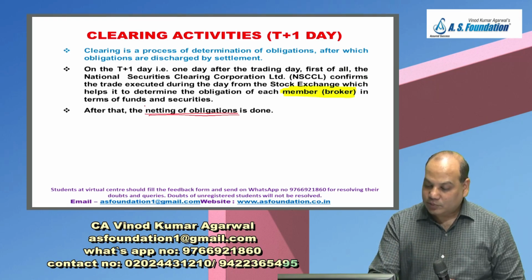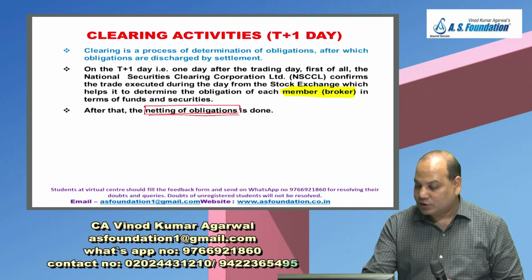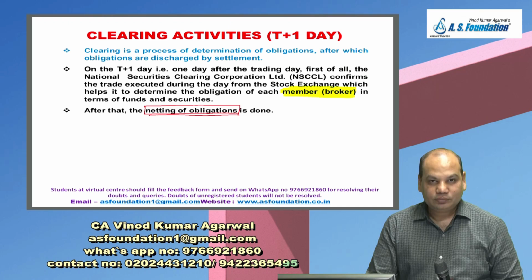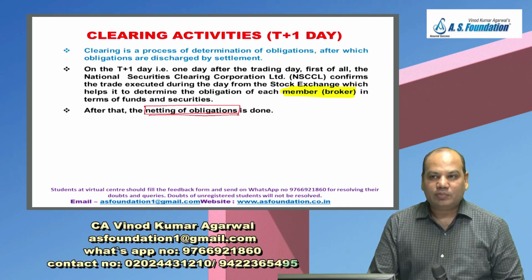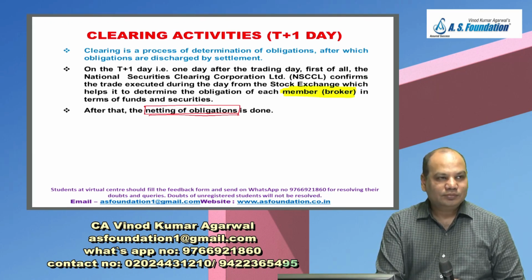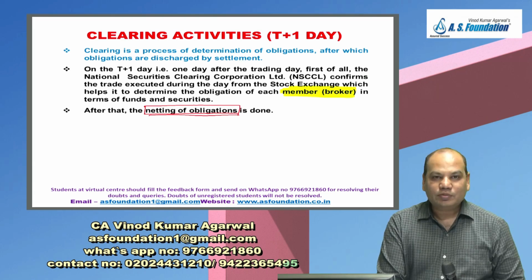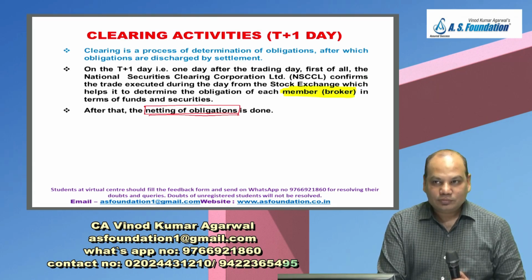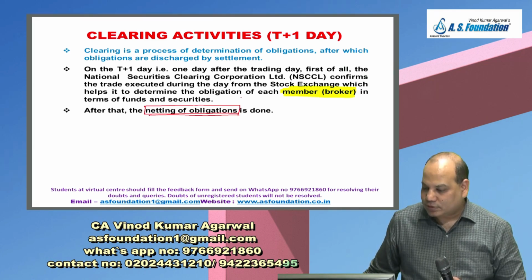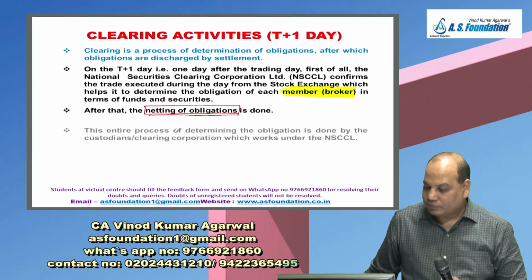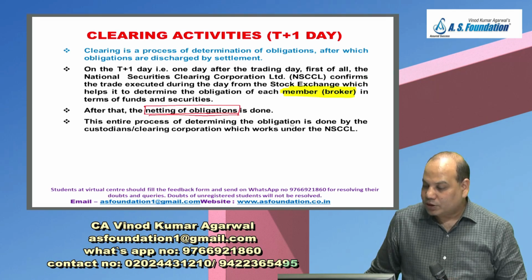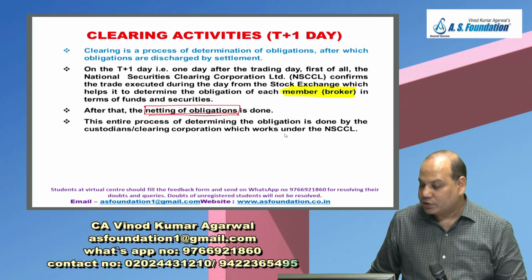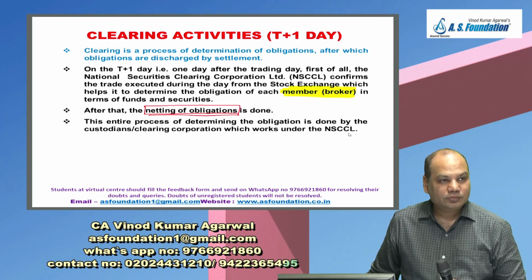Netting means he has to pay also, receive also. Some of his clients must have bought the share, some of his clients must have sold the share. So you have to receive or pay a net amount to the NSCCL. This entire process of determining the obligation is done by the custodian or clearing corporation, which works under the NSCCL.